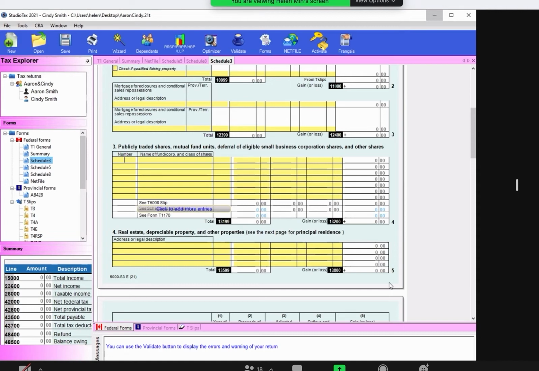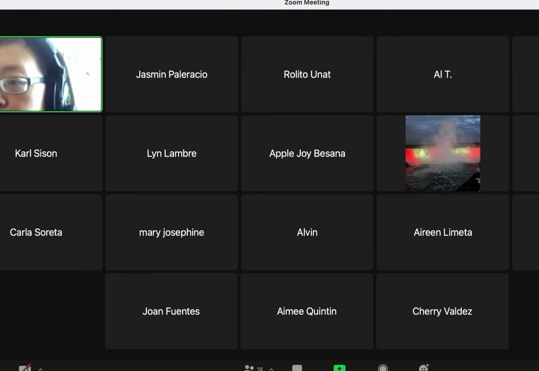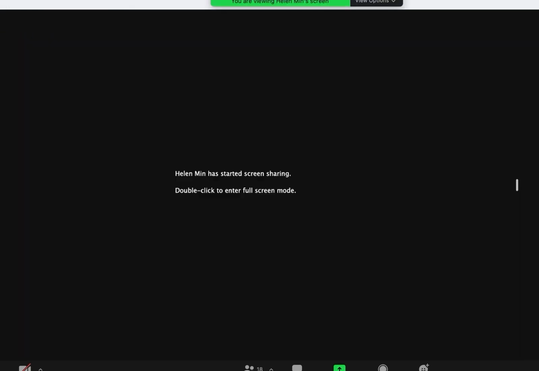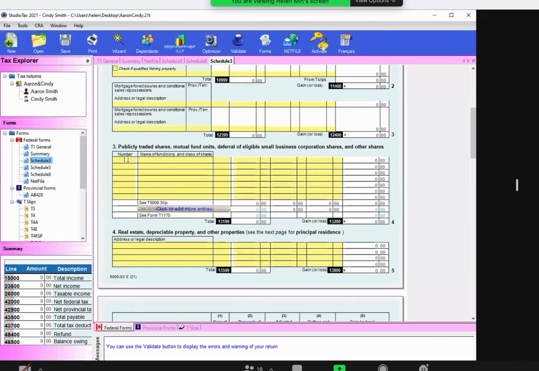We sell 1,500 and 800, so the total is 2,300.